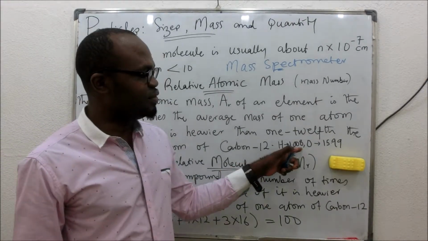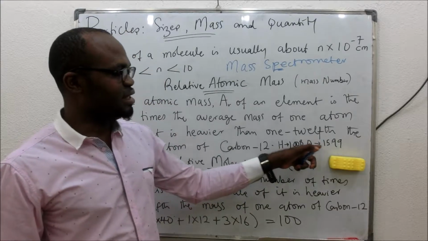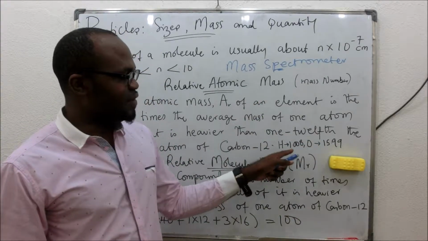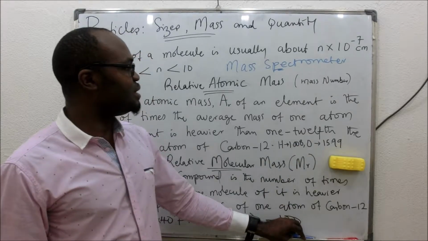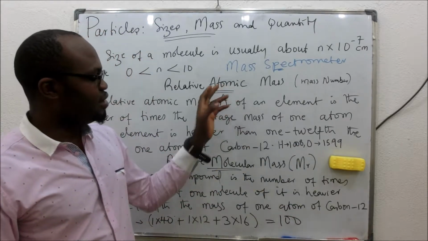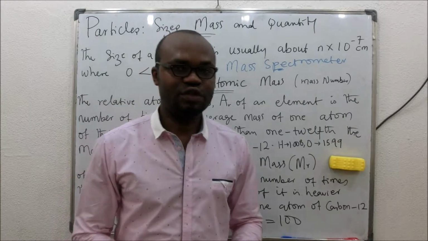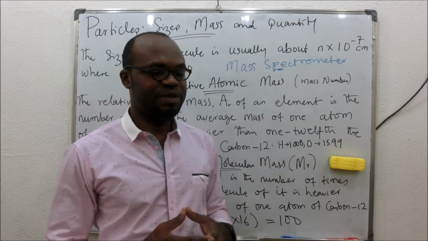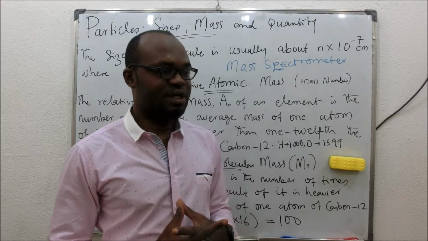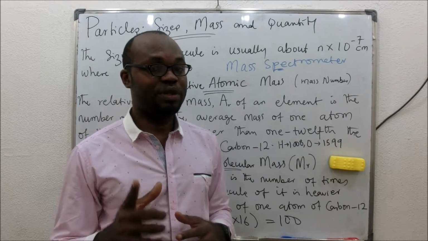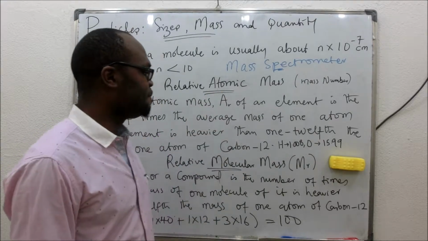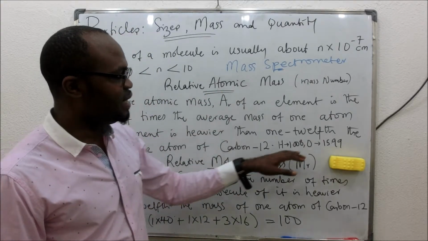And why we have them in fractions is that most atoms have isotopes: different forms existing with the same atomic number but different atomic masses.